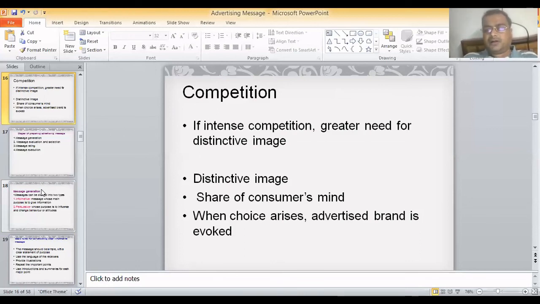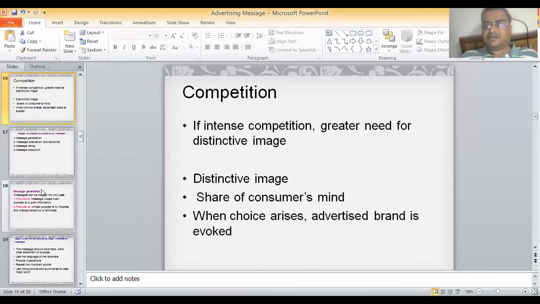So for competition, you need to have a distinctive image. So when you look at a Nike or Adidas, you know that their image is such that if you buy a Nike or an Adidas or a Reebok or a Puma, you will get value for money.